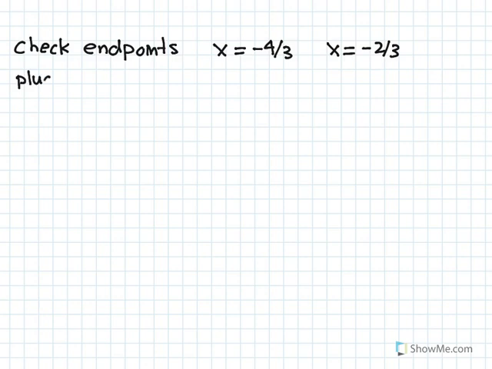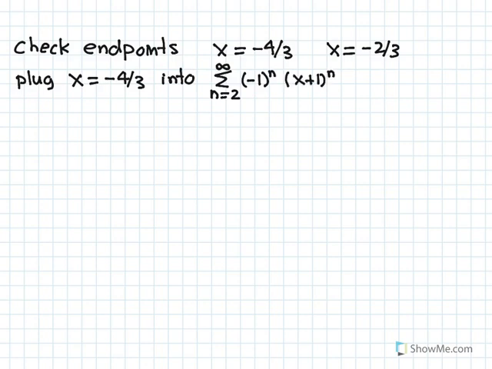So let's plug x equals negative 4/3 into the power series, summation n equals 2 to infinity of negative 1 to the power of n times x plus 1 to the power of n times 3 to the n divided by n squared minus 1.